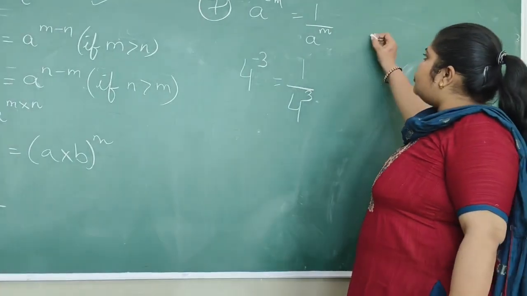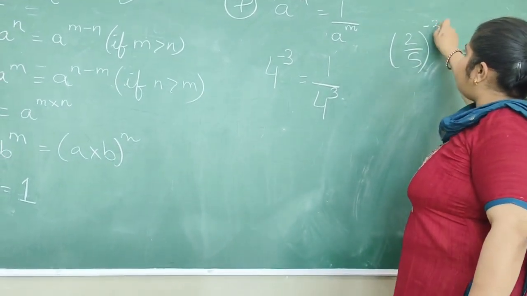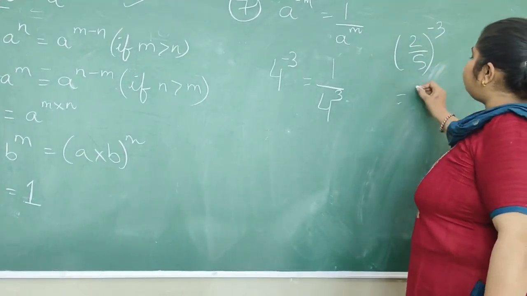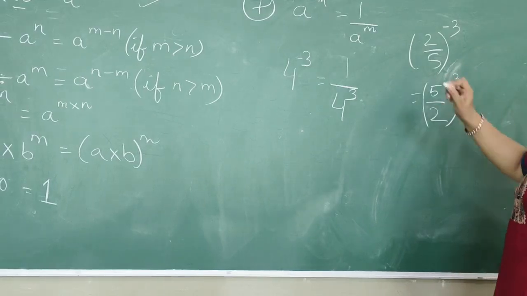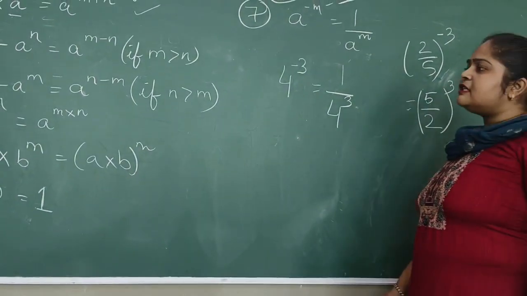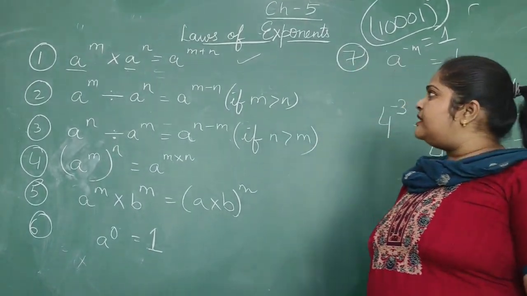Okay. One more example. If it is (2/5) to the power minus 3, what you will do is just take the reciprocal, it will be (5/2) to the power 3. Okay, so these are the 7 laws which are important for your exponents chapter.